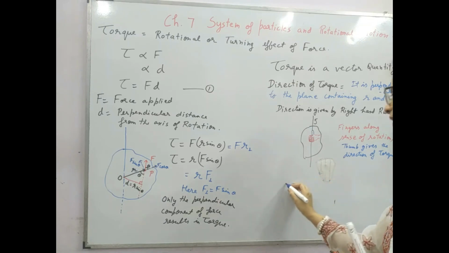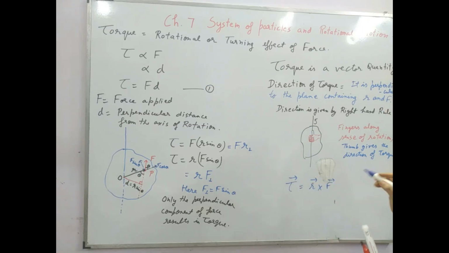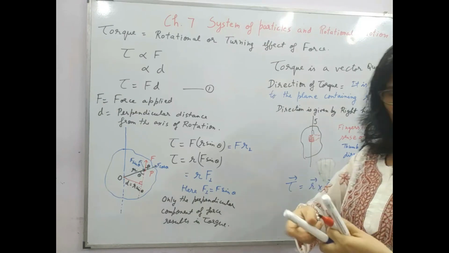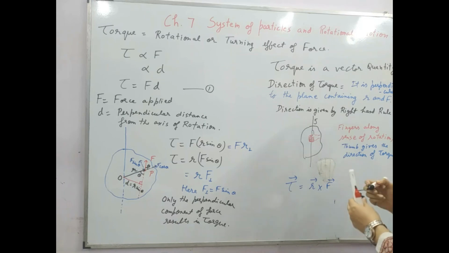And also one more very important relation: torque can be written as r cross F in vector form and not as F cross r. Why so? We know that for r cross F, if I look at the top view from here, the diagram will be this r, this is the F. I can make a modified diagram here.